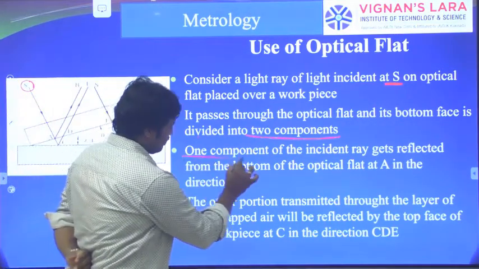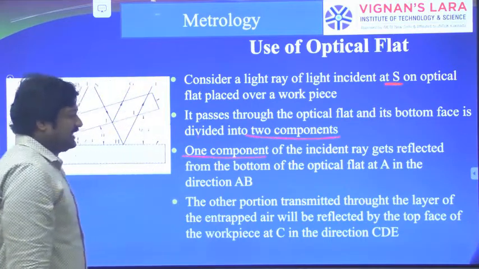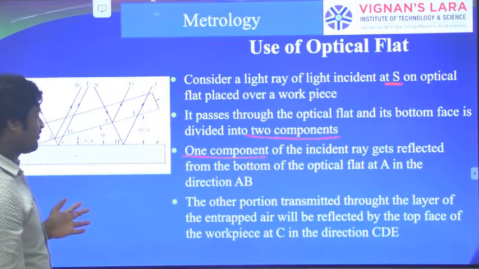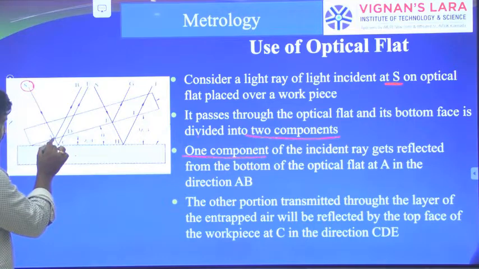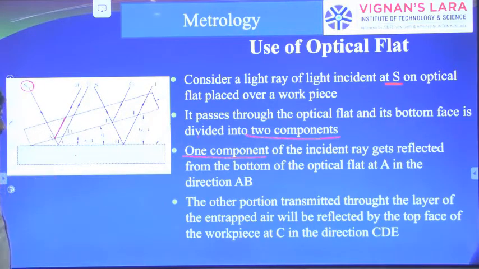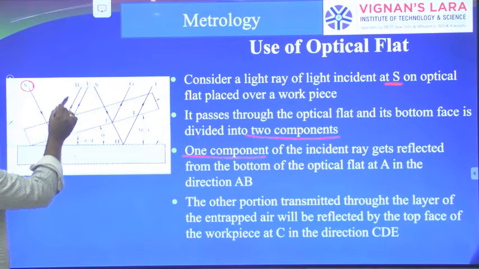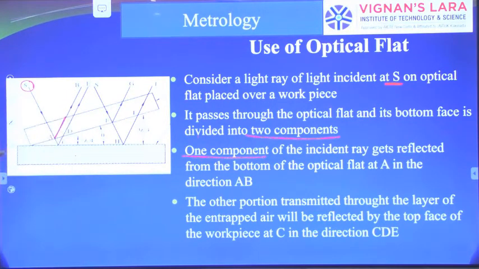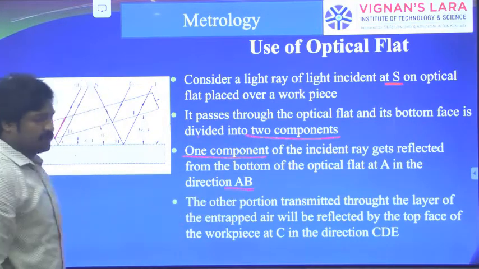One component of the incident ray gets reflected from the bottom of the optical flat. So it is reflecting from the optical flat at A in the direction of AB. From A it is deviating and moving in the direction of B. So the light ray is in the direction of AB.